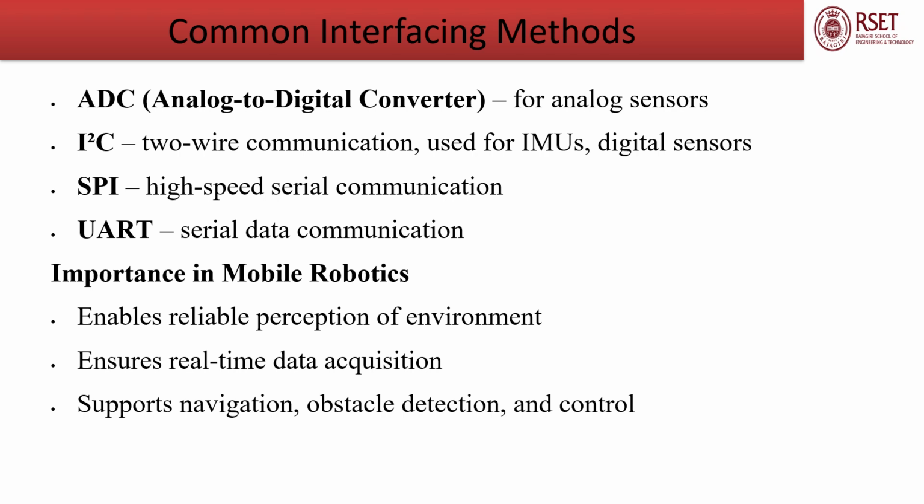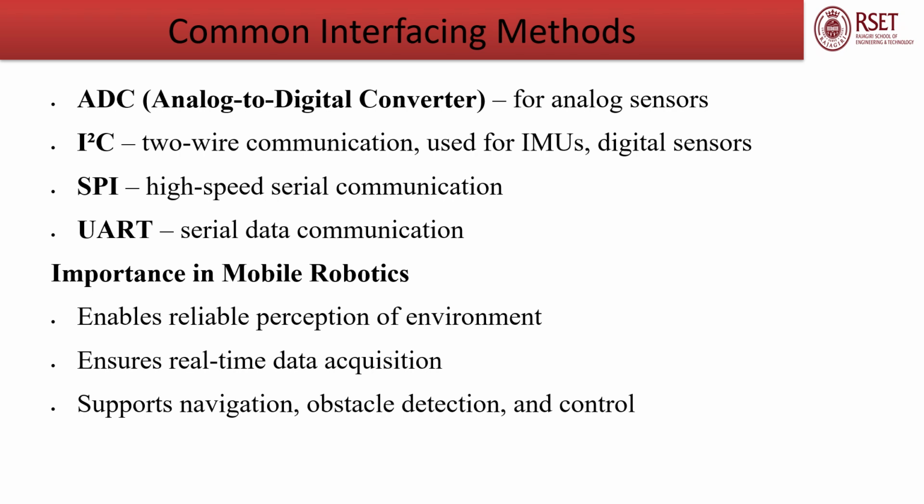Next, we will see the common interfacing methods. There are several commonly used sensor interfacing methods in mobile robotics. The first one is the analog to digital converters, where the analog data are converted to digital data and we have several analog sensors performing the same function. Next is the I2C, which is a two-way communication protocol widely used for digital sensors and the inertial measurement unit.